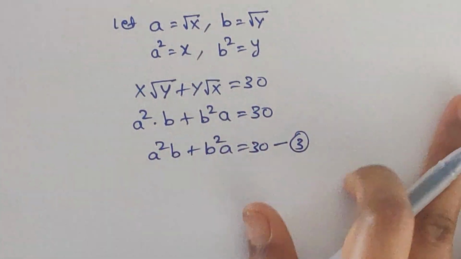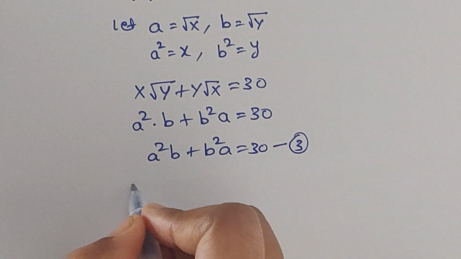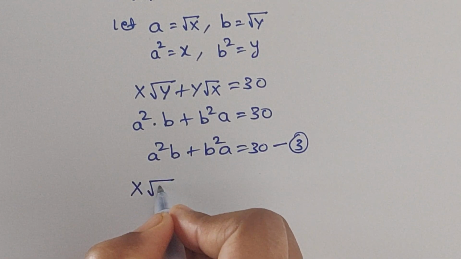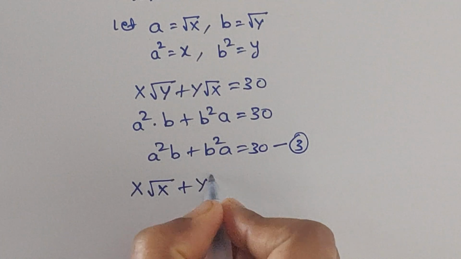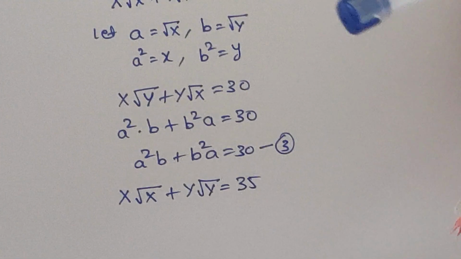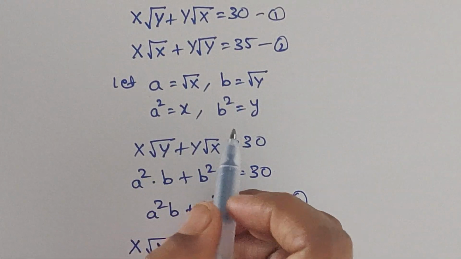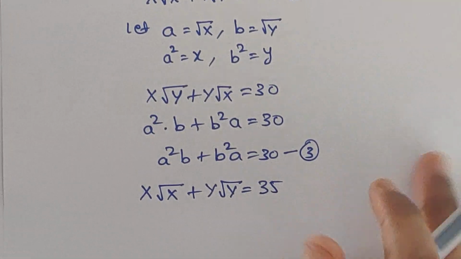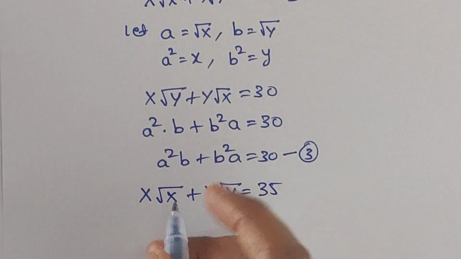Now we will see second equation. So x square root of x plus y square root of y equal 35. So just substitute the values of a and b, x and y in this equation.